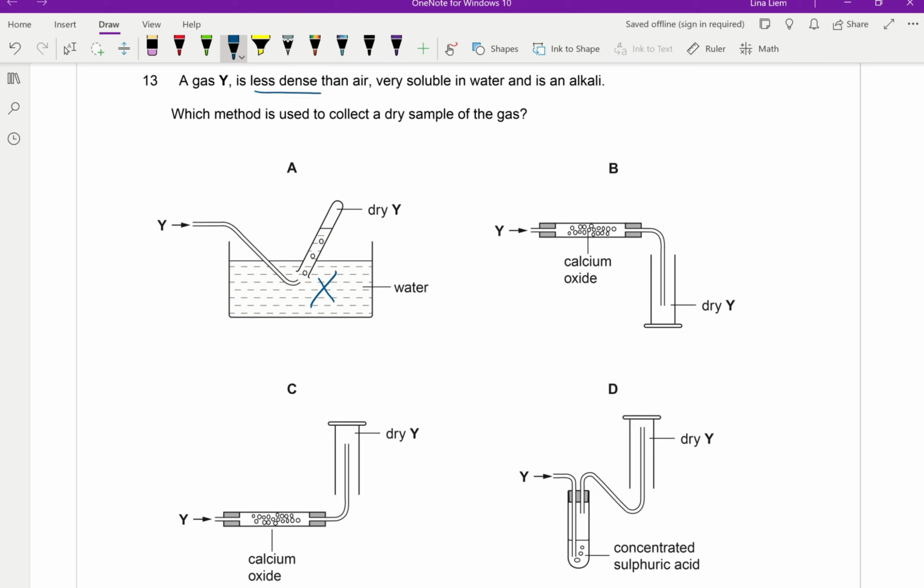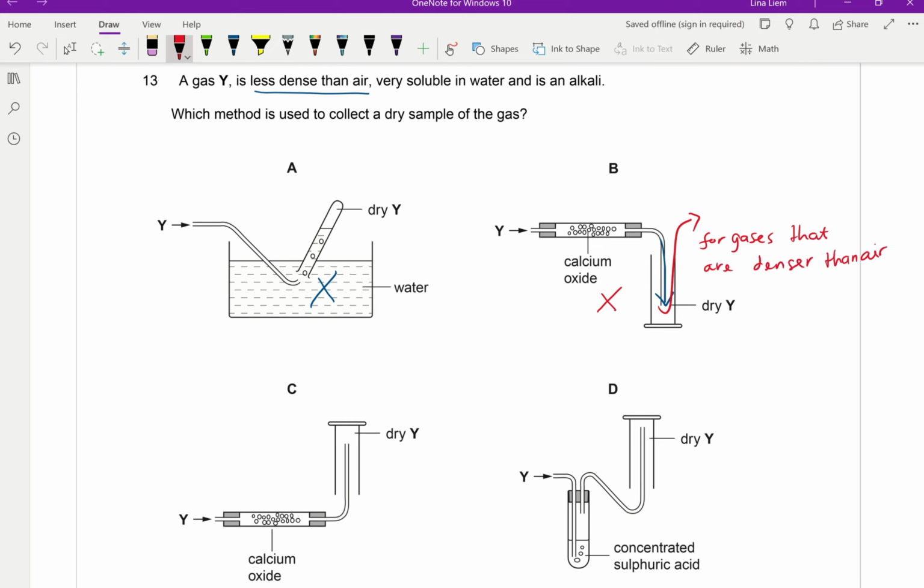Less dense than air means it will float above air, so you don't want to collect it using downward delivery, okay? Because the gas will just be floating back out, right? So B is wrong. B is actually for gases that are denser than air.